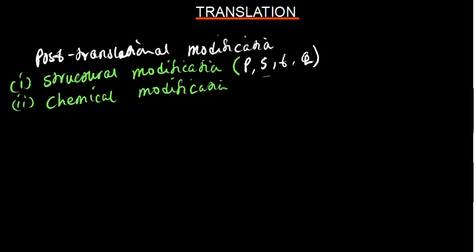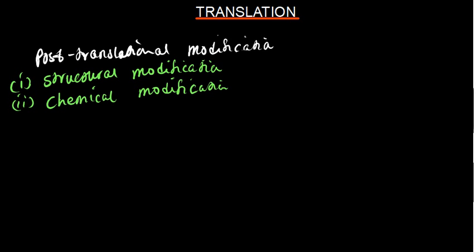Then there are some proteins which cannot function just when they have been modified structurally. A chemical has to be added. Those are what we call chemical modification. We have different examples of chemical modification.